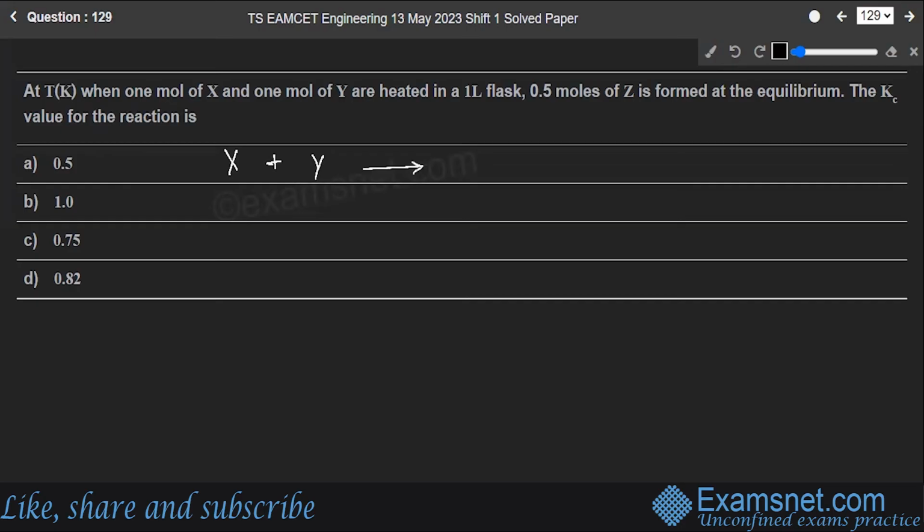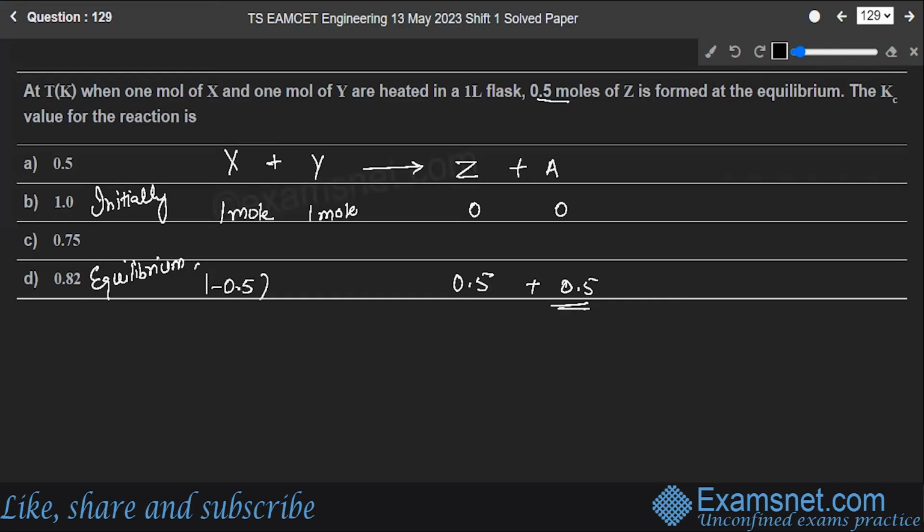X and Y react together to produce some Z, and because this is 0.5 moles, some other product is also produced. Initially, you have 1 mole of X, 1 mole of Y, and 0 moles of Z and A. When equilibrium is attained, 0.5 Z is there, and definitely there is another product with 0.5 moles, and the reactants will be reduced to this. Here I'm assuming that A is a product in the same proportion as Z.